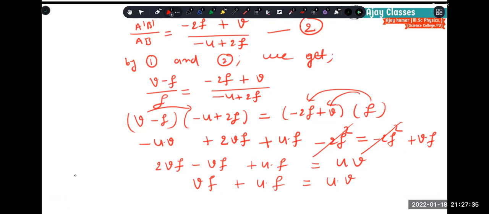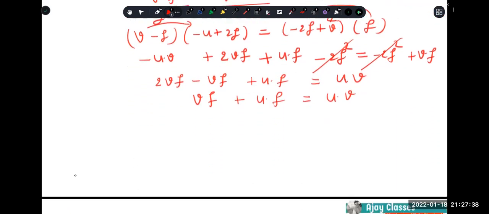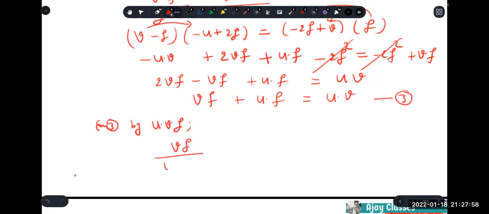This is equation 3, and we divide equation 3 by all three terms U into V into F. So VF divided by UVF, plus UF divided by UVF, equals UV divided by UVF.